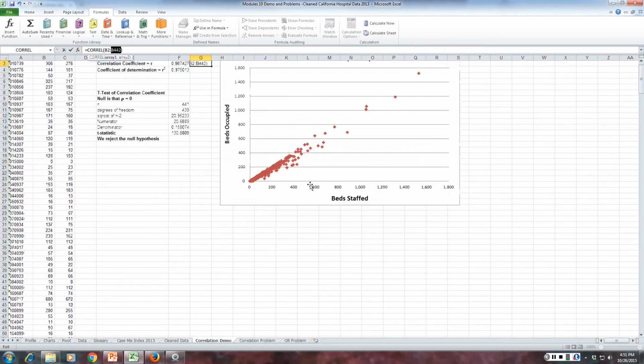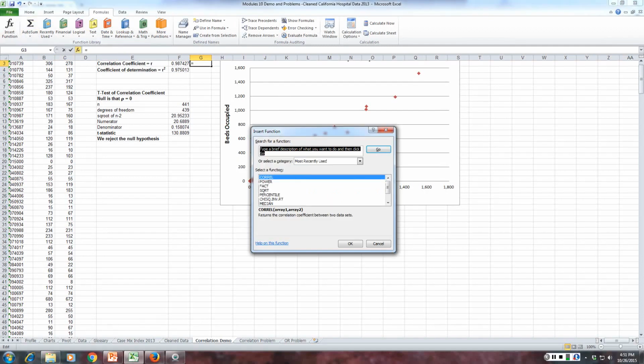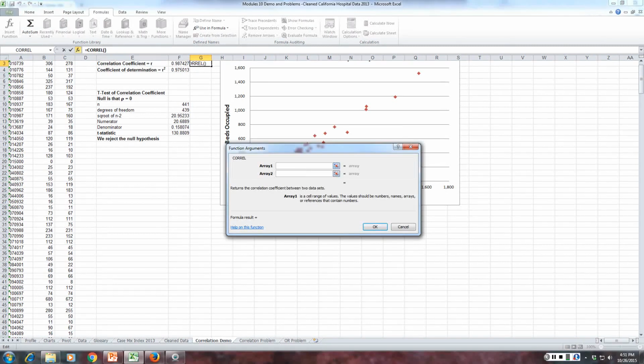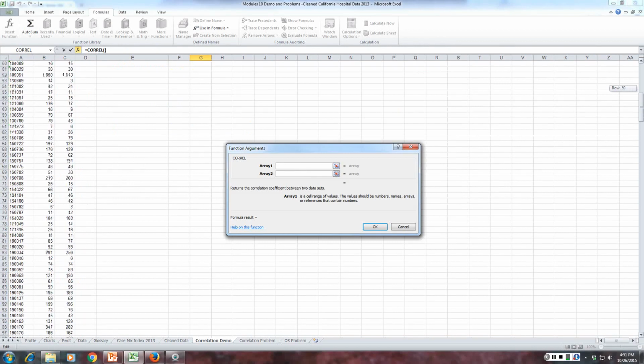Oh, you got it. So this is a good memo to me. When you do this, you have to make sure that you click on two different rows and use the formula appropriately. So let's go back and redo this. Okay, so I want to go to Insert Function. This correlation thing here, in Array 1 you want to select, so basically you can see you select two arrays of data.